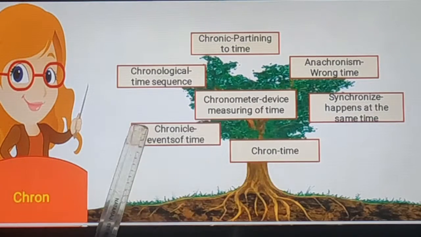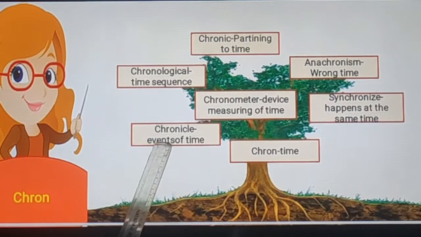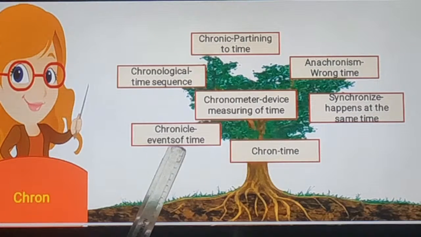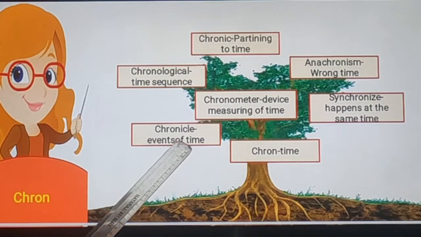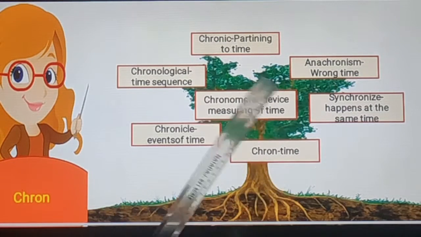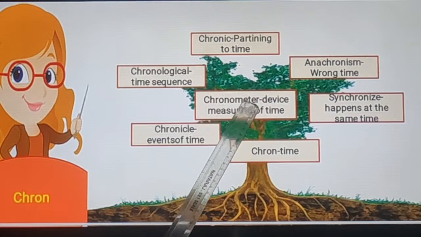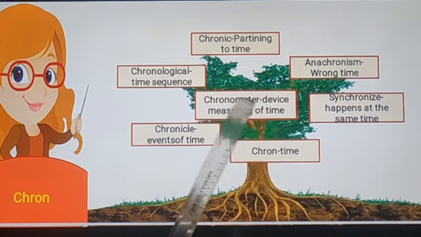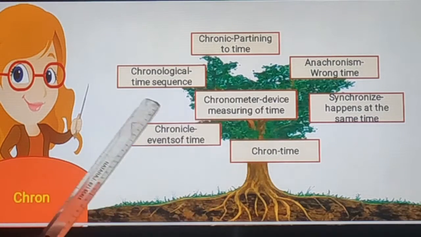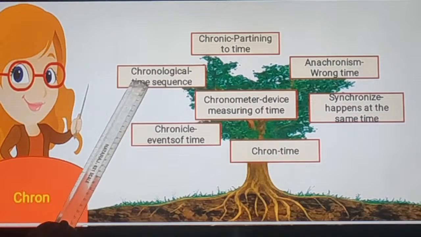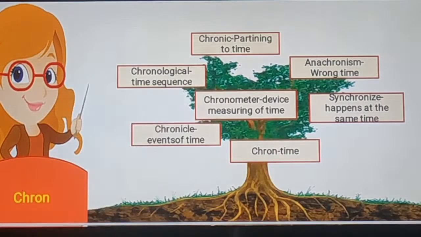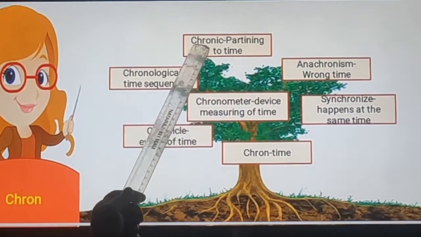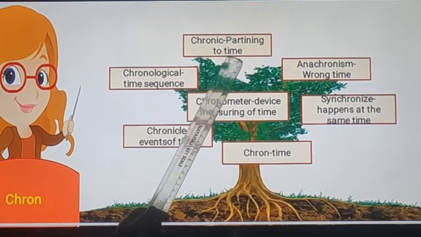Look at this. Chronicle means events of time. Chronometer is a device for measuring time. Chronological means time sequence. Chronic means pertaining to time.